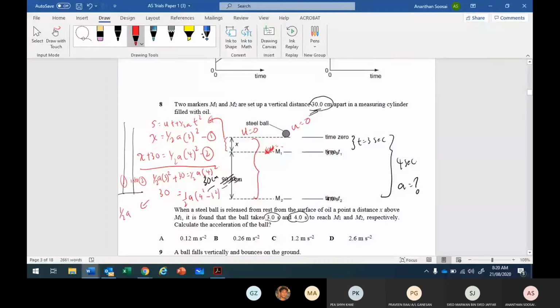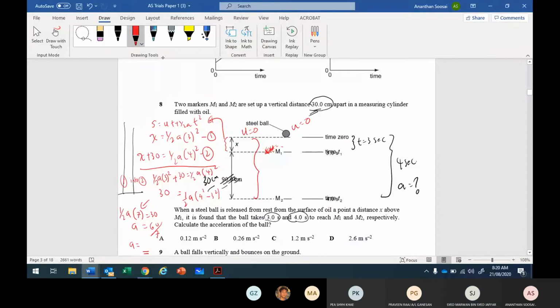Half a, 16 minus 9, 7. Half a times 7 equals 30. So a is 60 over 7. It's too large. How much do you get? 8.57. We'll give you 8.57.